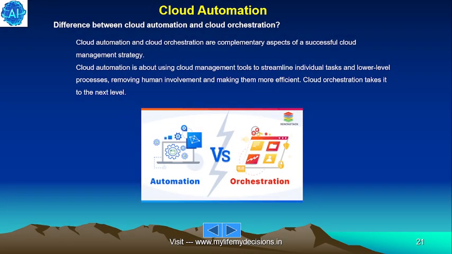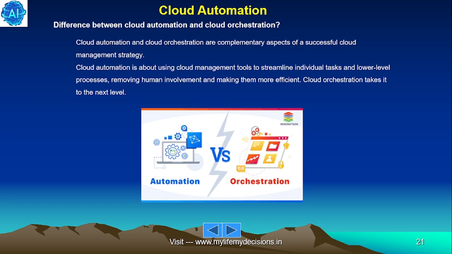Difference between cloud automation and cloud orchestration. Cloud automation and cloud orchestration are complementary aspects of a successful cloud management strategy. Cloud automation is about using cloud management tools to streamline individual tasks and lower level processes, removing human involvement and making them more efficient.